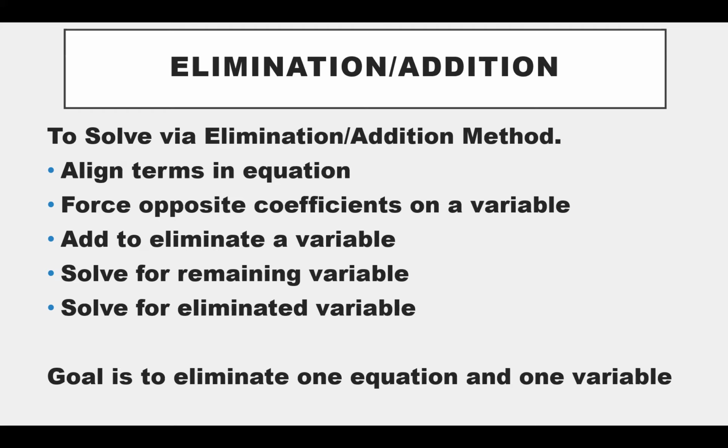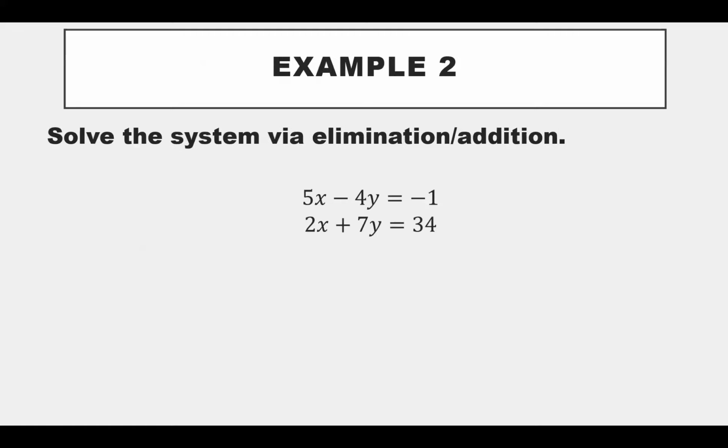Then we solve for the variable that remains, and then we can plug that back in and solve for the eliminated variable. So the goal is to go from two equations with two variables down to one equation and one variable. Let's do an example.